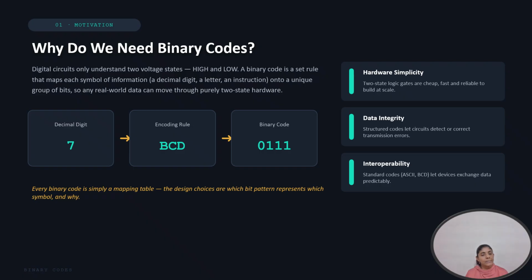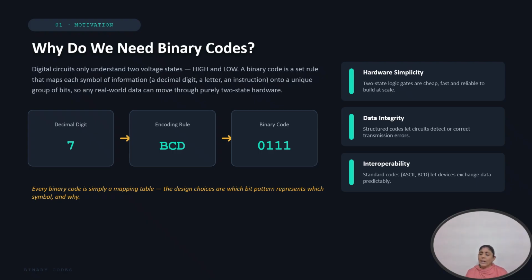So any real world data can move through purely two-state hardware, bit 0 or bit 1. So every binary code is simply a mapping table. The design choices are which bit pattern represents which symbol and why.